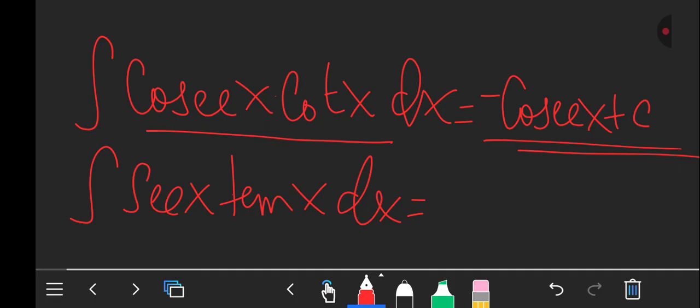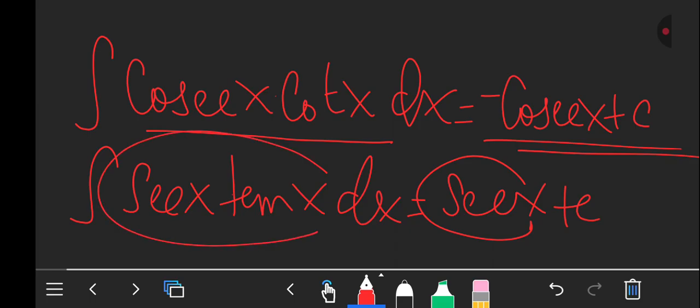When you're dealing with the integral of this, we put a negative so that the cosec x is maintained to be positive in the previous one. Then here, the integral of sec x tan x is just sec x plus c, because the derivative of sec x is what gives sec x tan x. So very important for us to understand this.